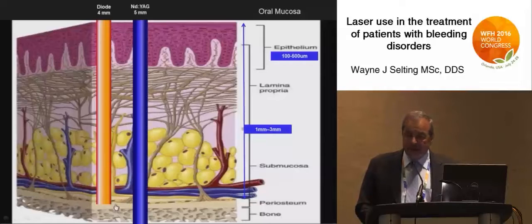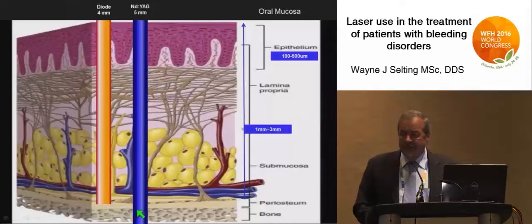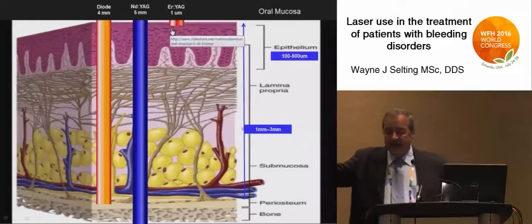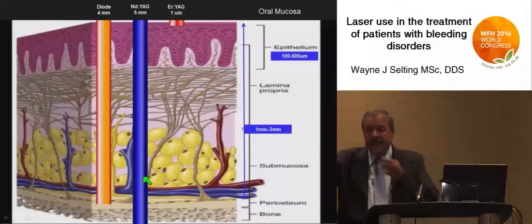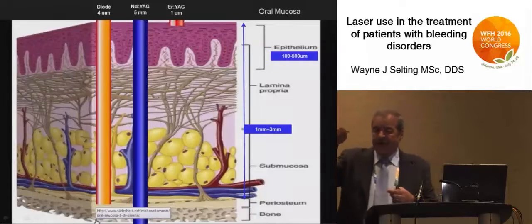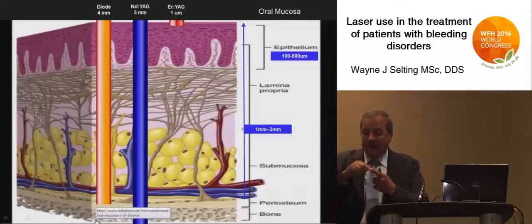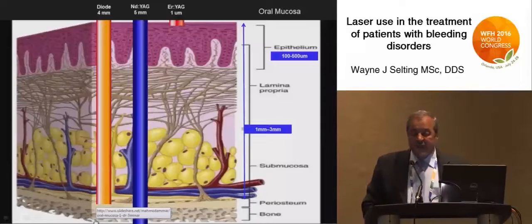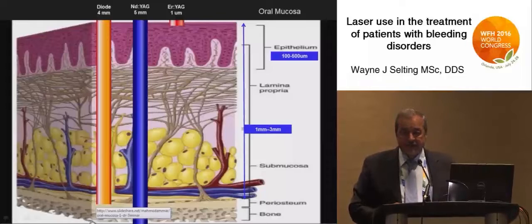But remember, I said that the erbium is absorbed 100,000 times as much. It only penetrates 1 micron into the tissue. If I shine a diode laser on the tissue here, it goes in 4 millimeters. If I pick up the erbium laser, 1 micron. It is very superficial. The same thing applies with the CO2.